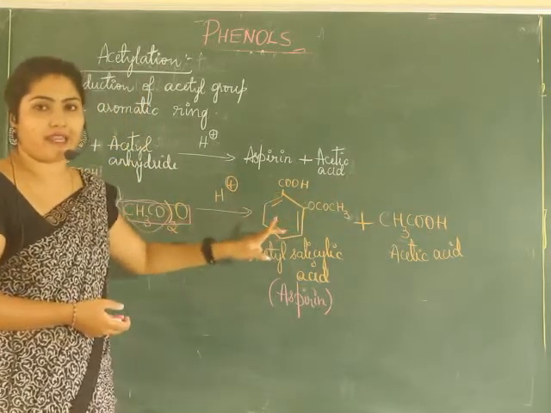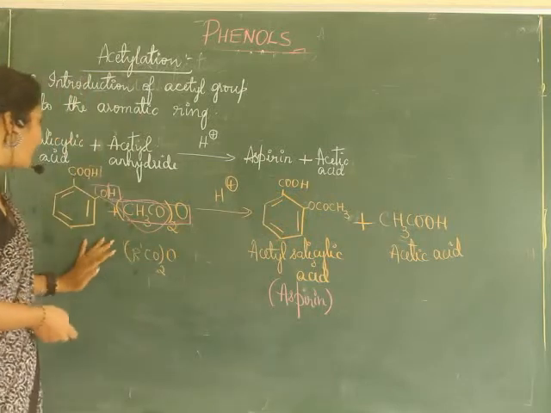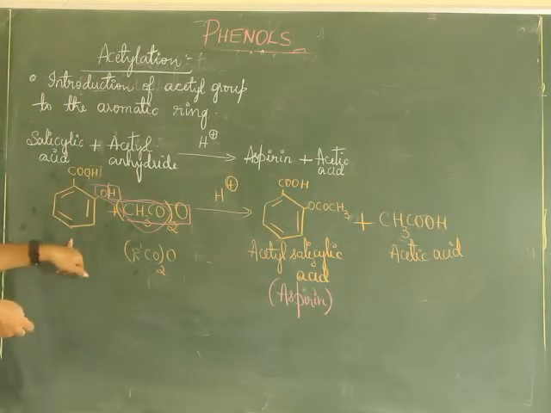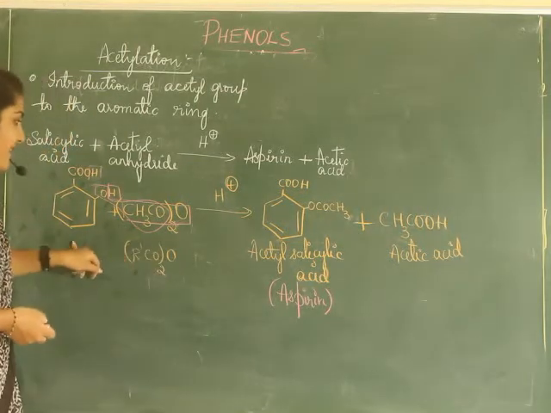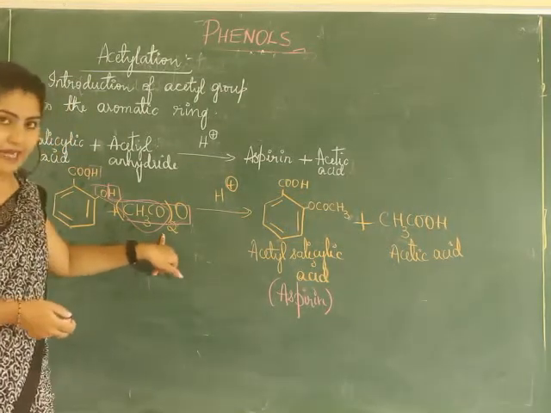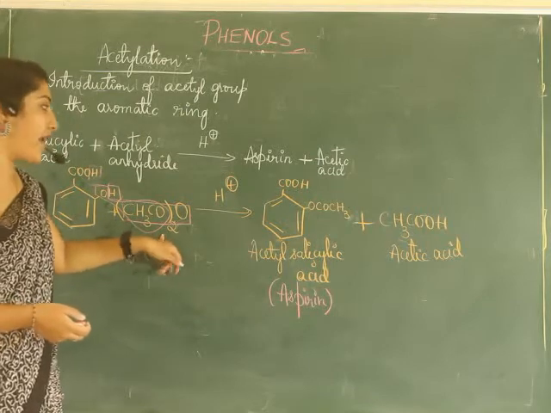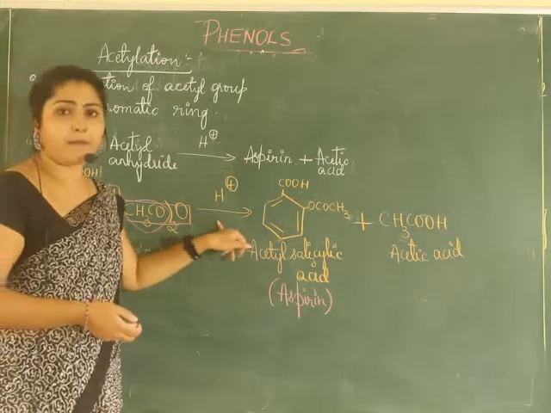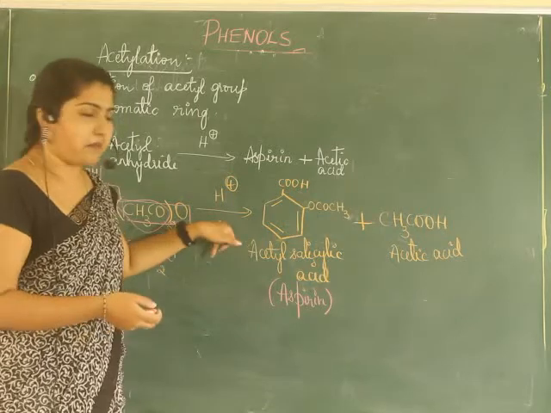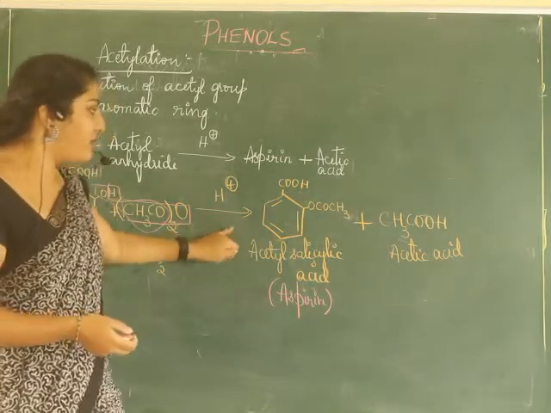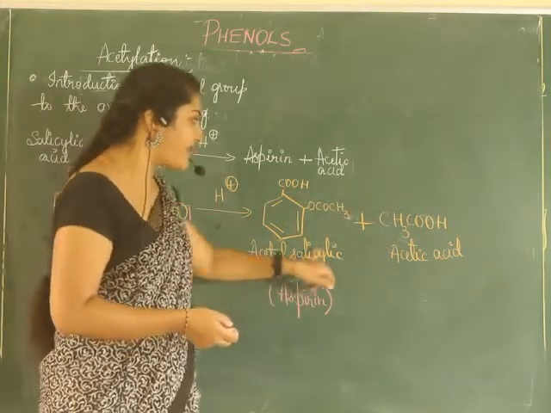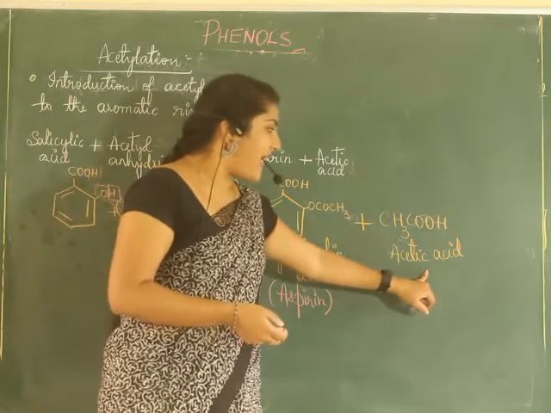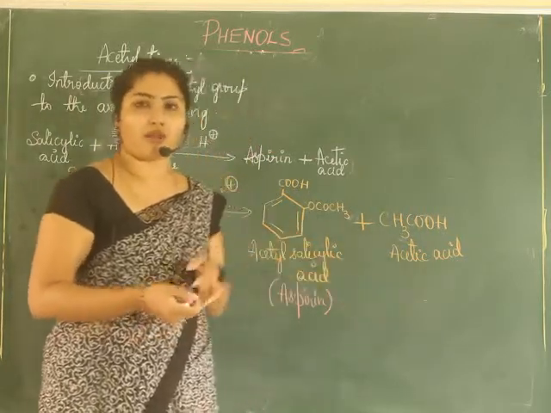Here we have taken a derivative of phenols, salicylic acid, and when salicylic acid is treated with acetic anhydride, or say acetyl anhydride, in the presence of any acid medium, we get acetyl salicylic acid, and acetic acid is formed as the byproduct.